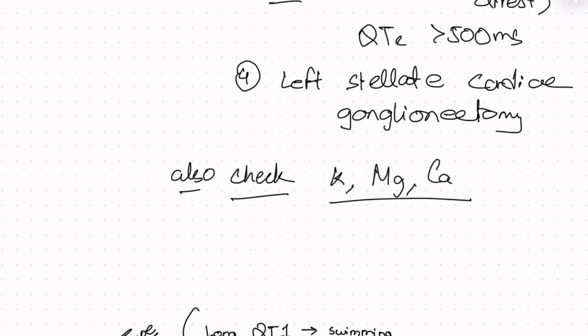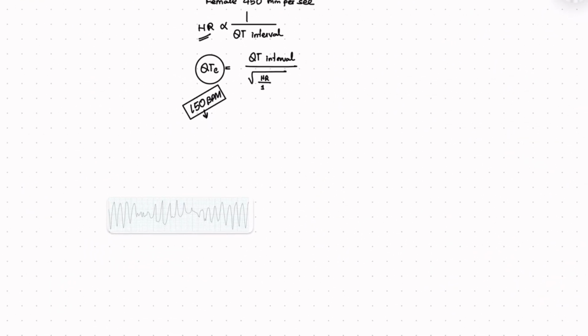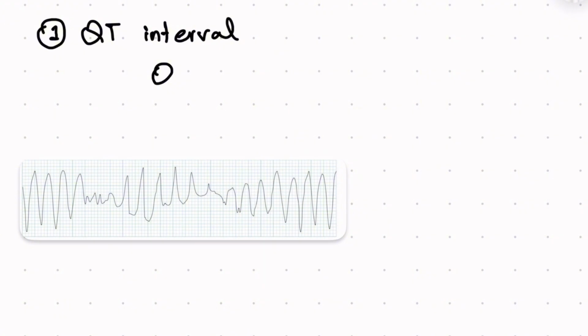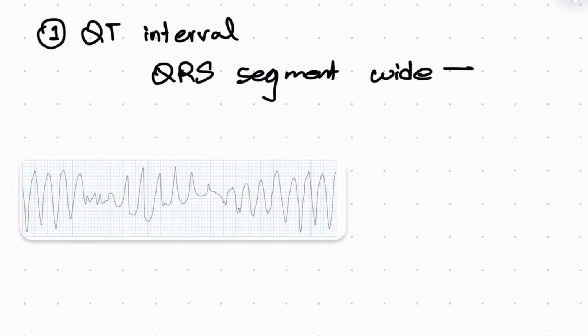Now, one thing we should remember is to differentiate torsades de pointes. What is torsades de pointes? Generally in an ECG, we must first look at the QT interval. If it's a long QT interval, we must look at the QRS segment. If the QRS segment is wide, that can differentiate into two things.